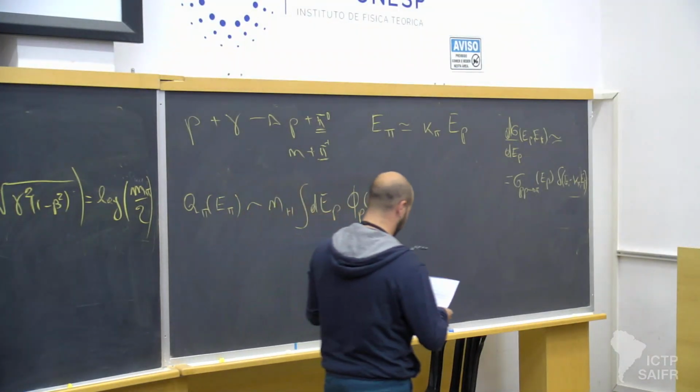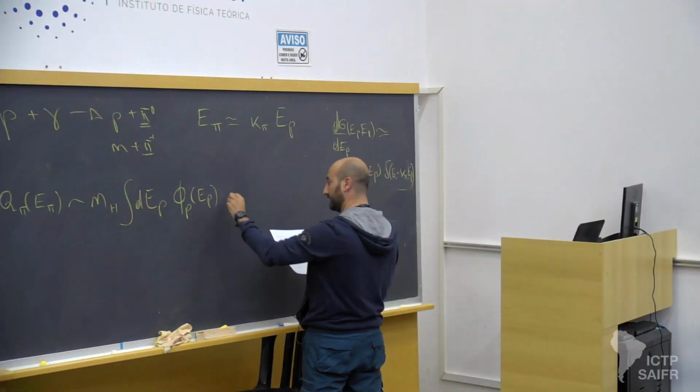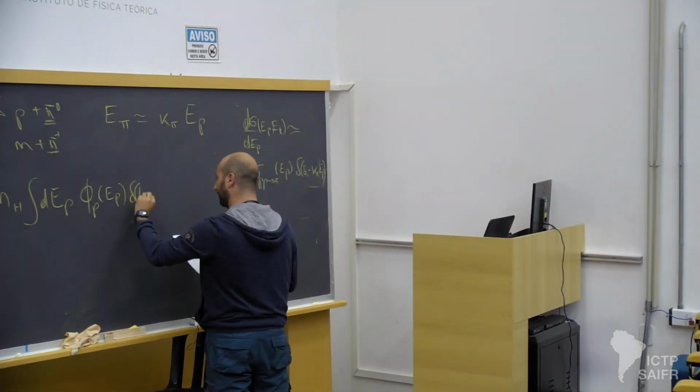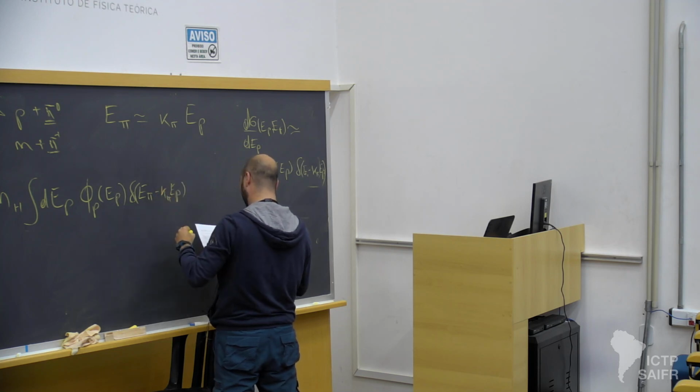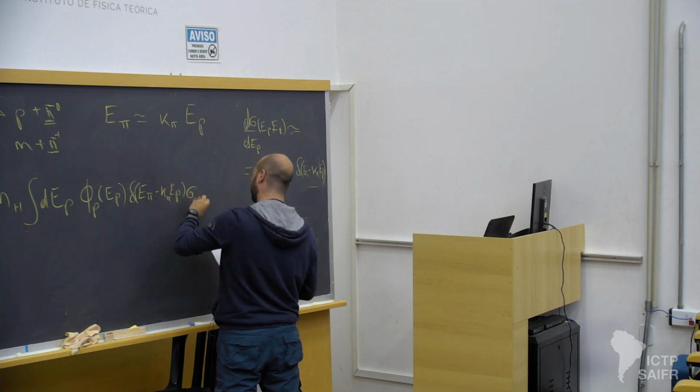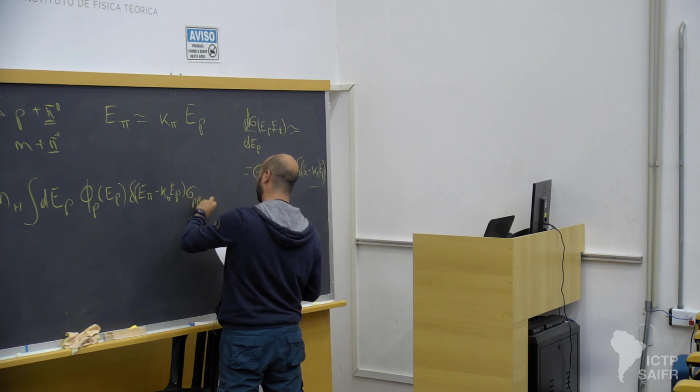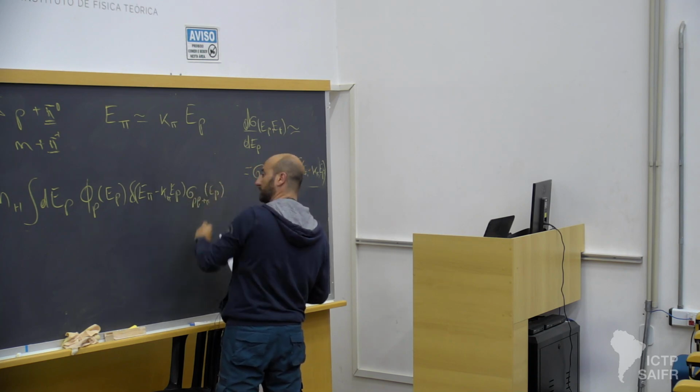If I do that, I write delta of E pion minus kappa pion E proton, times sigma PP to pion of E proton.